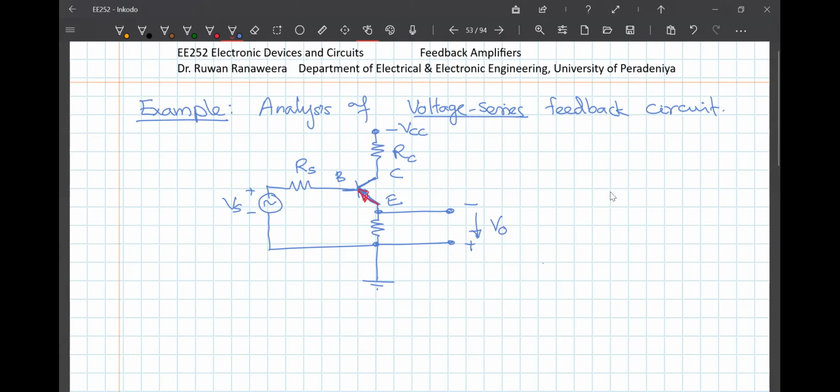This is my circuit. Now tell me, what kind of a circuit is this? What kind of an amplifier is this? Is it a voltage amplifier, current amplifier, transconductance amplifier, or a transresistance amplifier? Can someone please tell me?